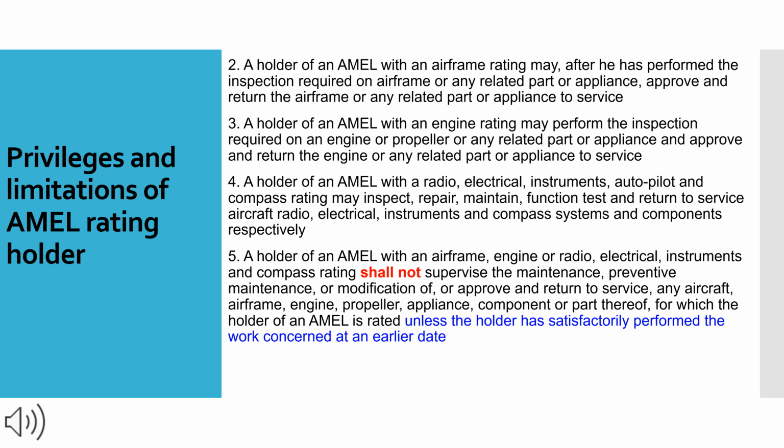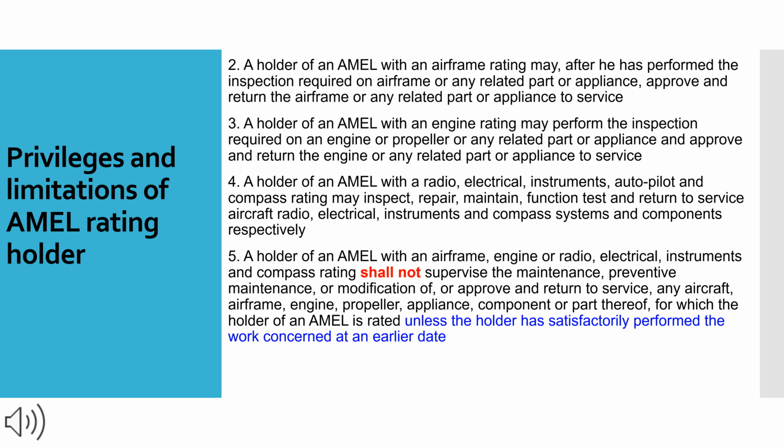Also, a holder of an aircraft maintenance engineer license with a radio, electrical, instruments, autopilot, and compass rating may inspect, repair, maintain, function test, and return to service aircraft radio, electrical, instruments, and compass systems and components, respectively.